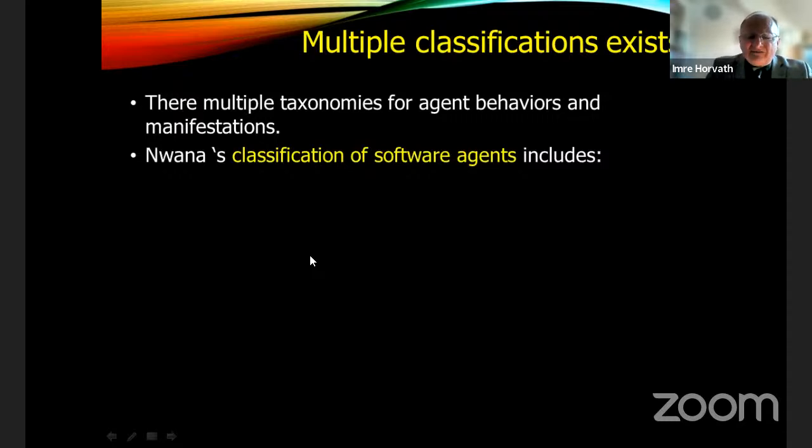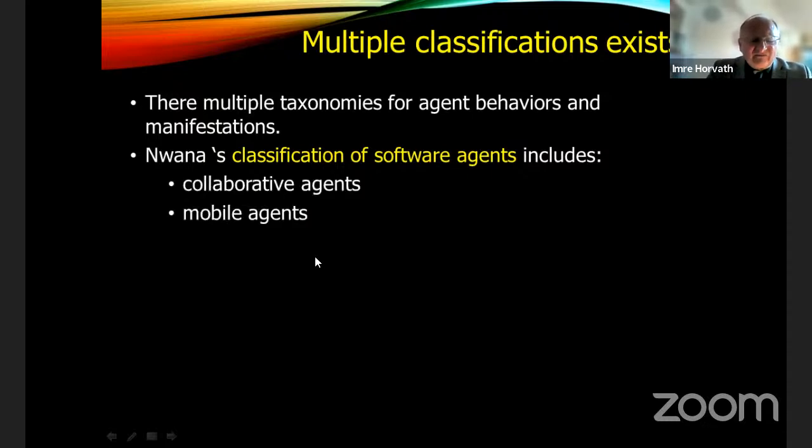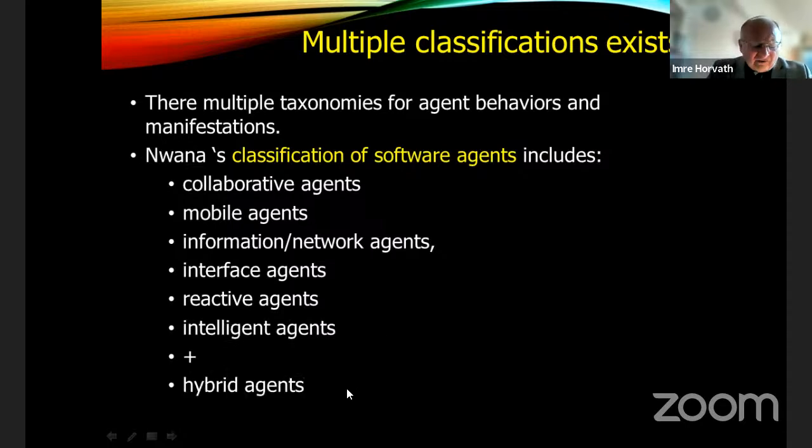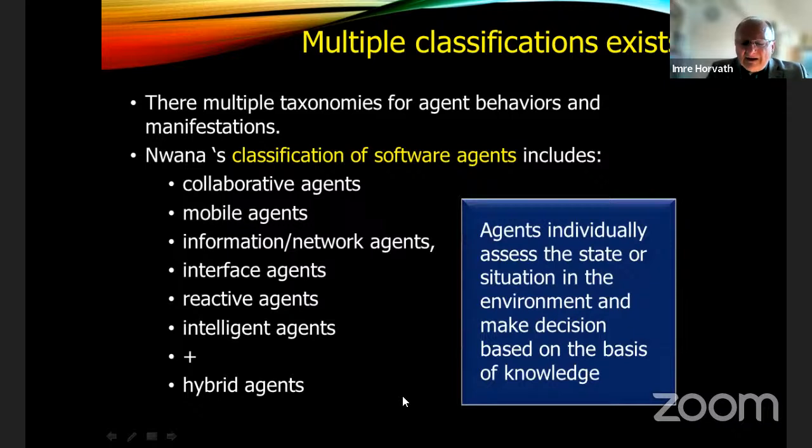One classification of software agents, for instance, includes collaborative software agent, mobile software agent, information network agent, interface agent, reactive agent, intelligent agent, plus, for instance, hybrid agent. So if you go into the different fields of agent technologies, you might have completely different taxonomies, purpose-oriented taxonomies, and also completely different classifications.